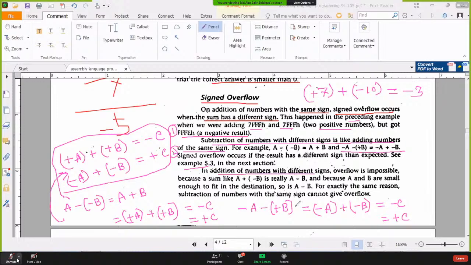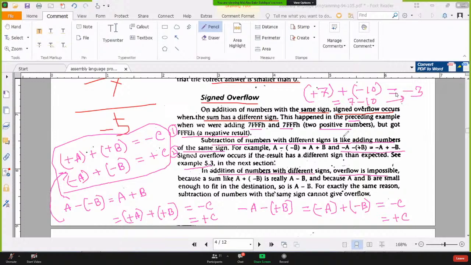Overflow is impossible. That is what it said. Overflow is not possible, because the sum of a plus minus b is really a minus b, and a and b are small enough to fit in the destination. Now that we are adding the numbers, you can write that like 7 minus 10. 7 minus 10 equals -3.